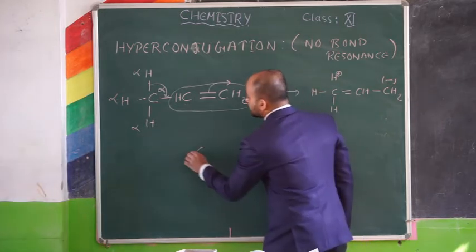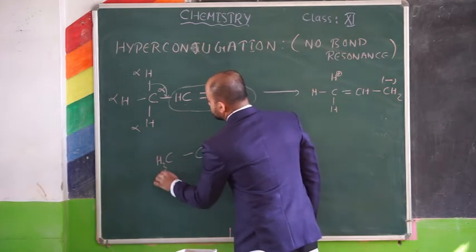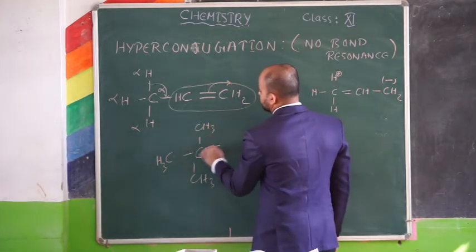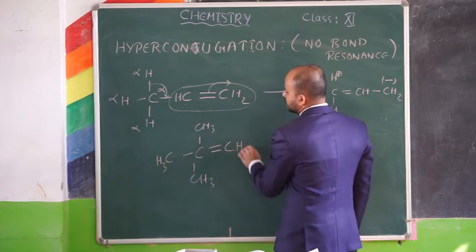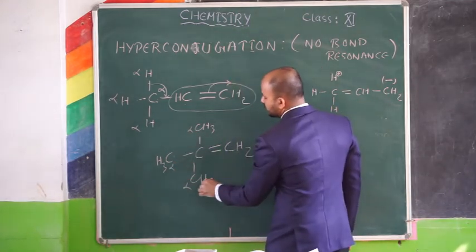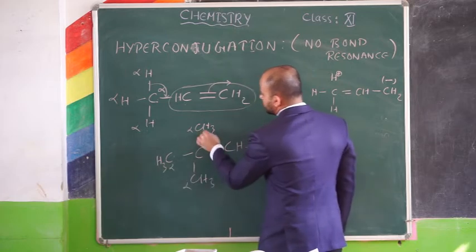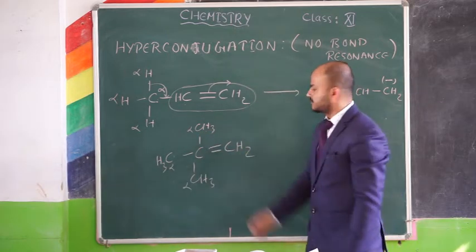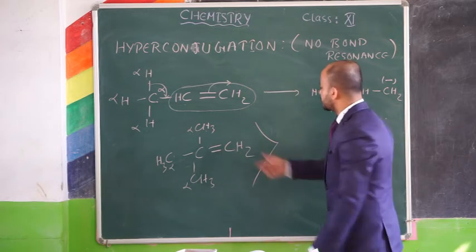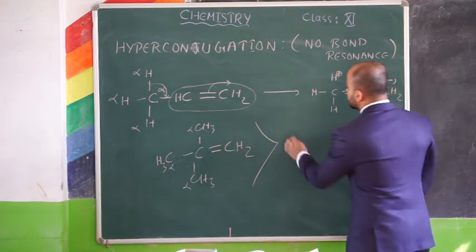You have CH3, CH3, CH3, and here you have a double bond. These are all alpha carbons, 3 alpha hydrogens each, 3 times 3. That means it will have 9 hyperconjugated structures. Therefore, this will always be more stable compared to secondary.